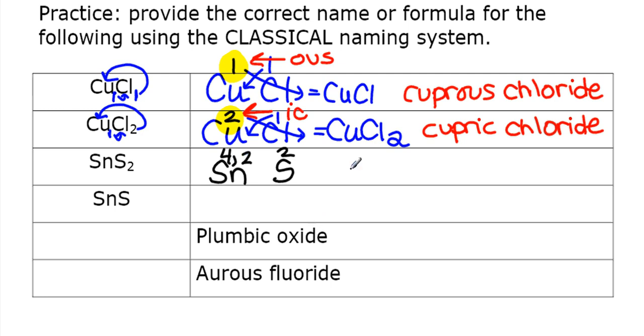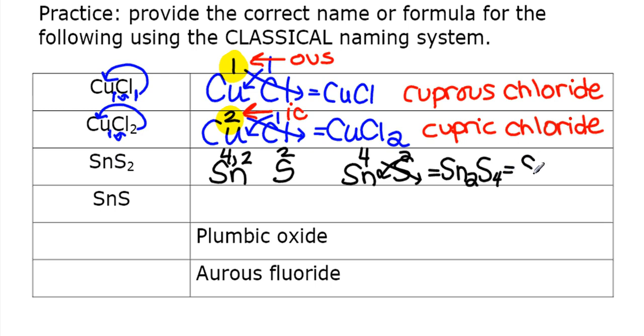So let's say I take tin with a charge of 4 and sulfur with a charge of 2. When I do the crisscross, I get Sn2S4.